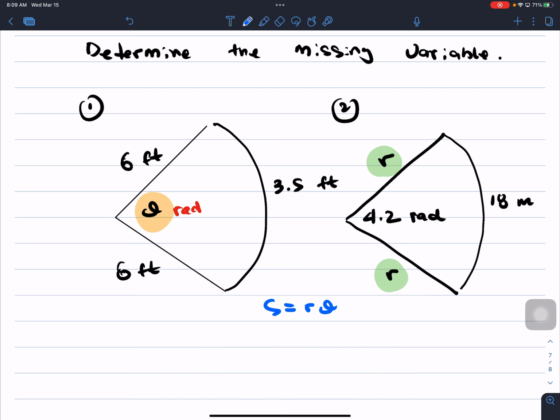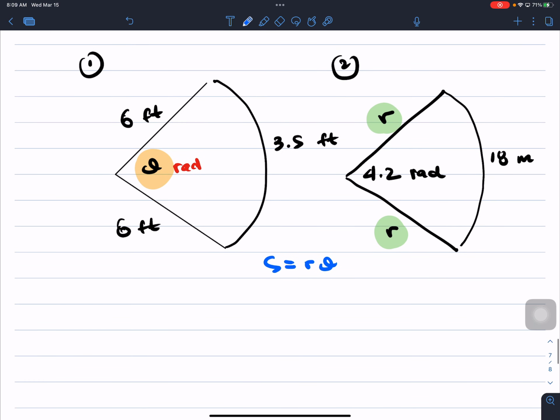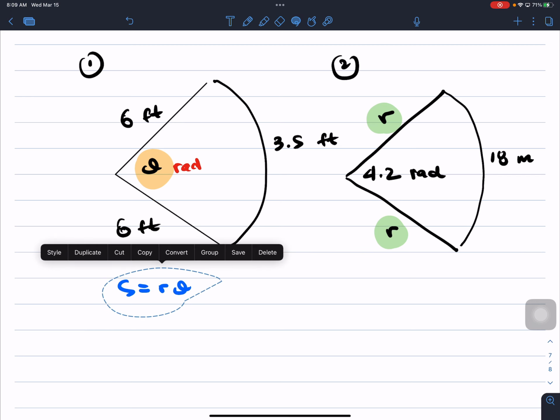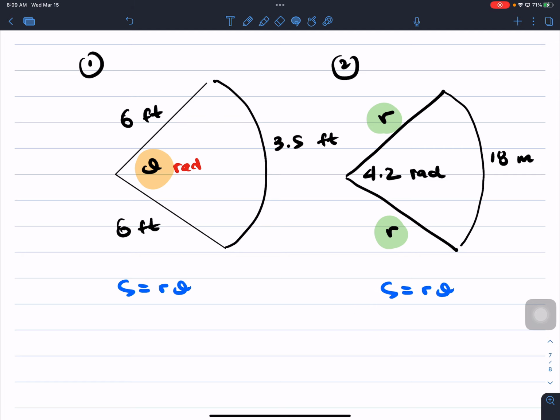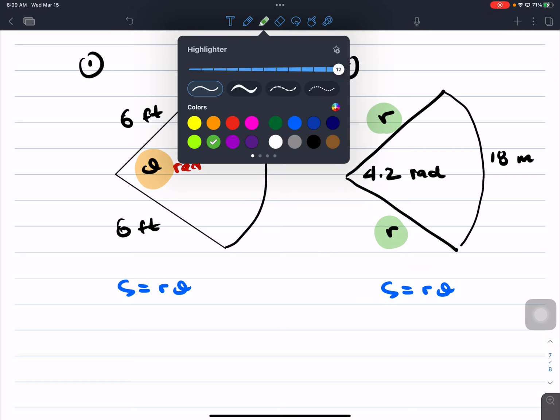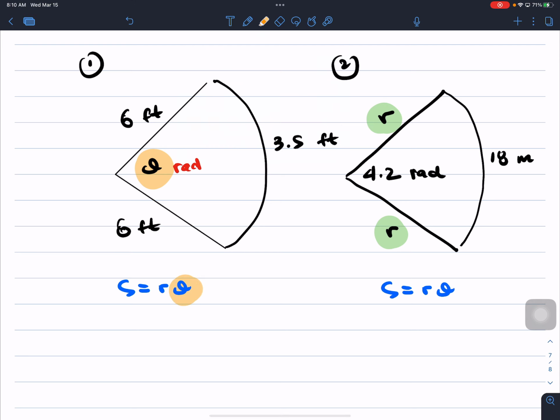Okay, you guys okay with this here so far? Let's see what you guys get here. So in the first case, we'll copy this. Theta, and what's this? R. Divide both sides by R, and what do you get?